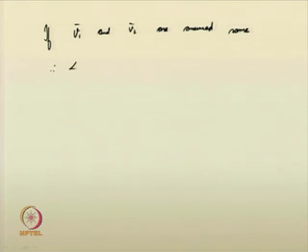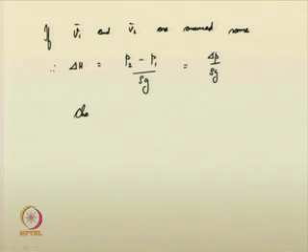Therefore, your change in head is nothing but equal to P2 minus P1 by rho g, that is equal to the change in pressure head. Or we can suggest that whatever additional head you are providing is nothing but the change in pressure head.